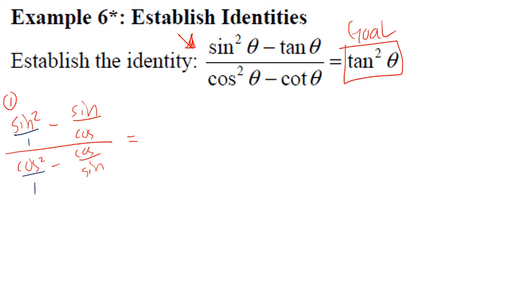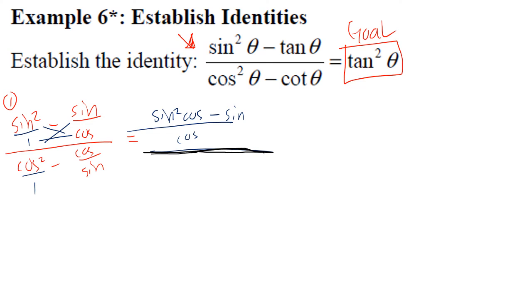I'm just going to chopstick real quick. So sine squared times cosine is sine squared cosine, minus 1 times sine is sine, all over 1 times cosine, which is cosine, all over my big denominator. There's the main fraction bar.